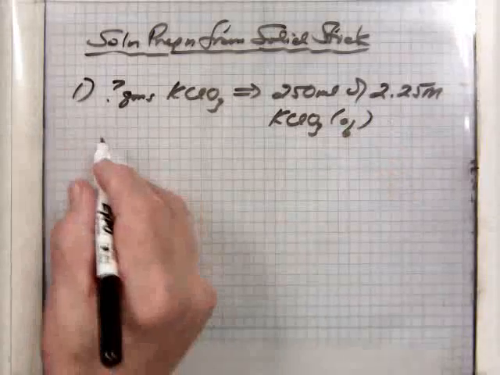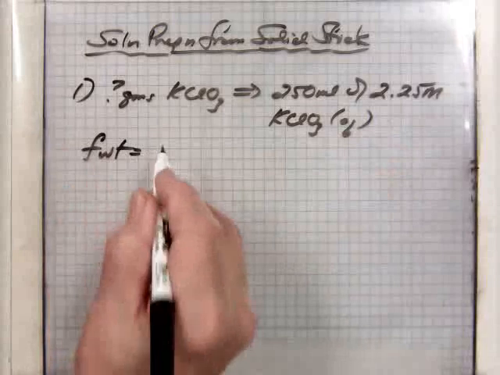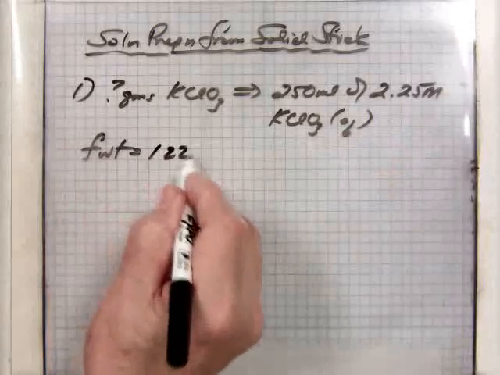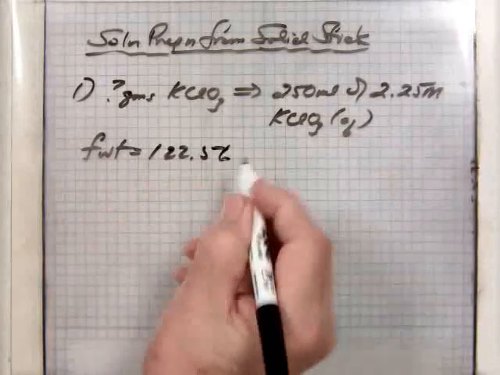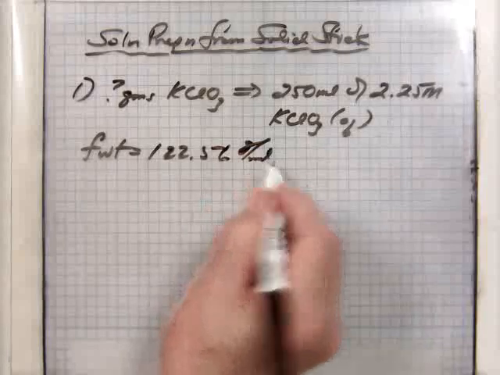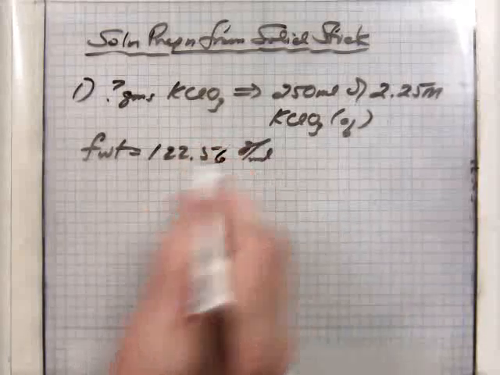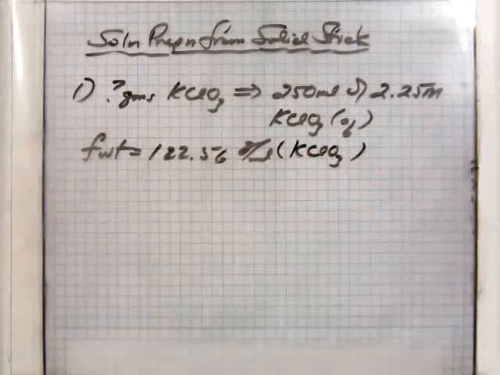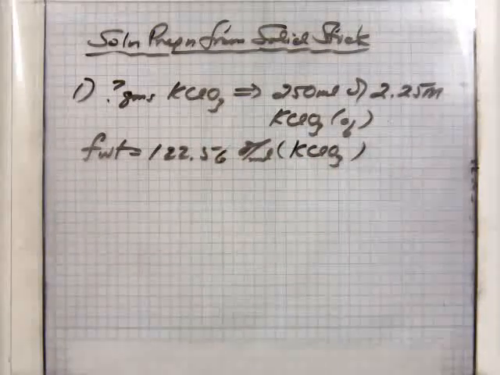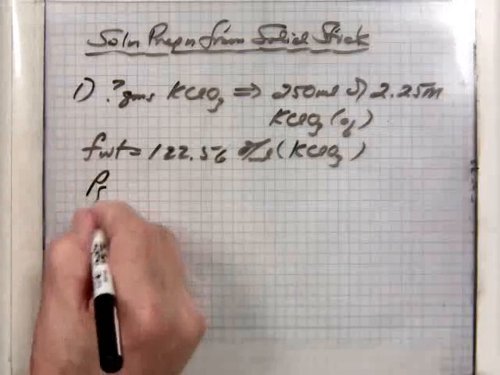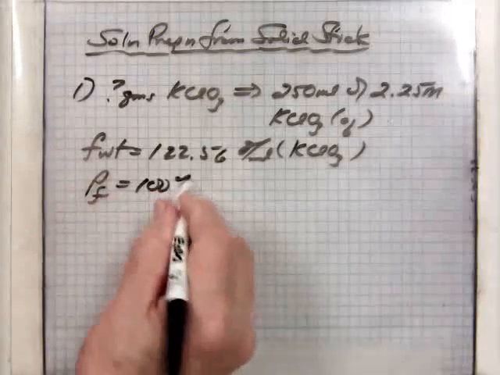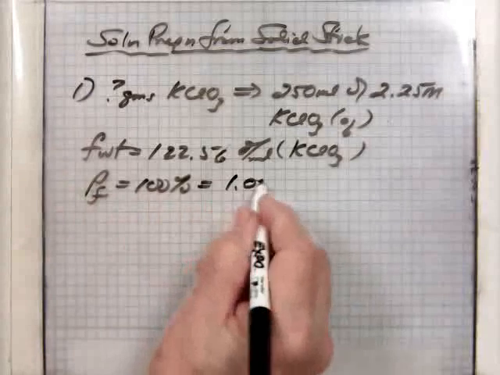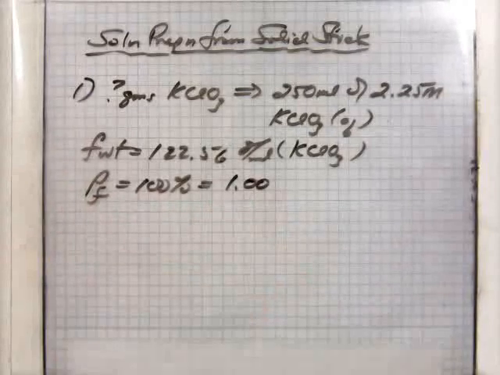I give you the formula weight, 122.56 grams per mole for the KClO3, and the purity factor is 100%, which translates to 1.00 that you would put into your equation.